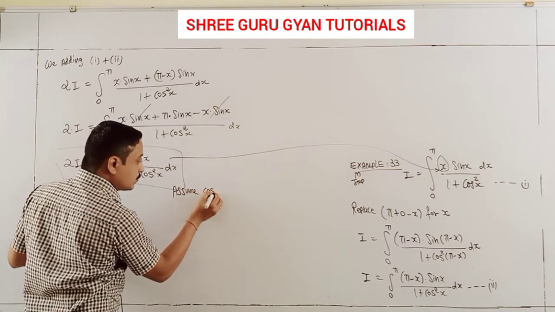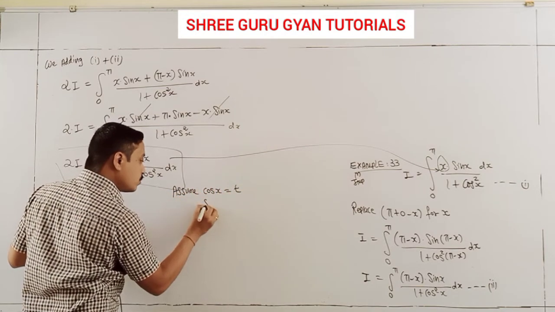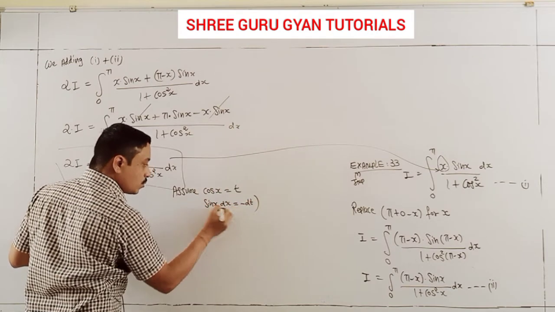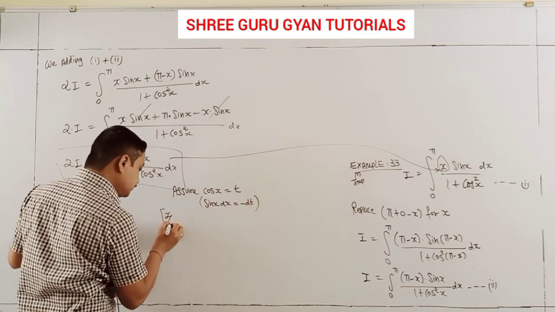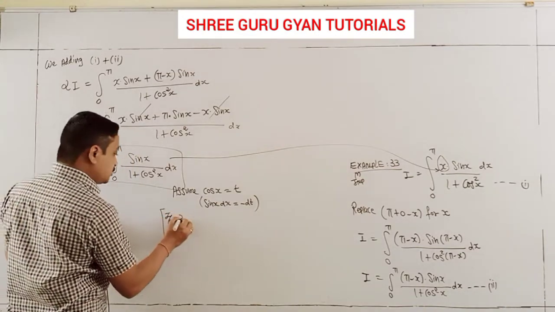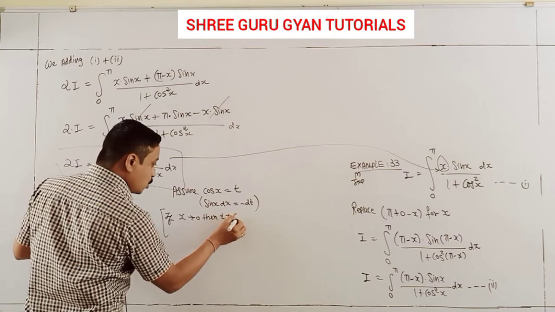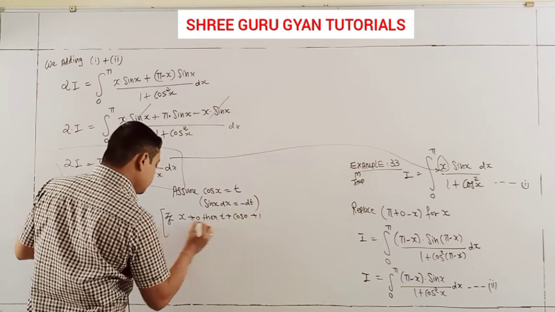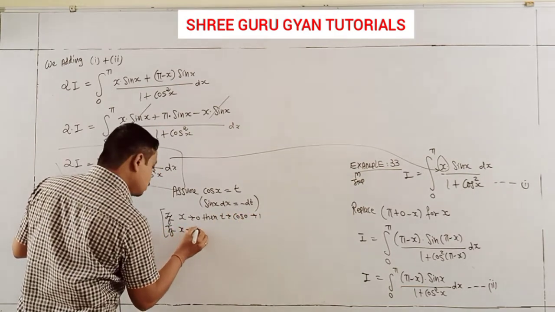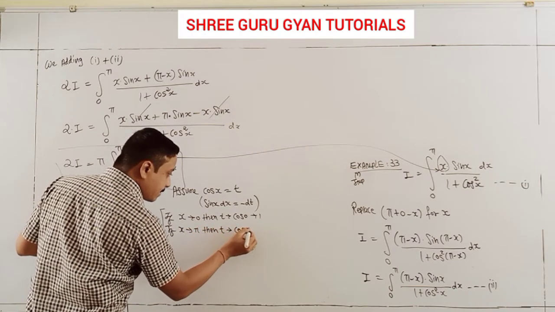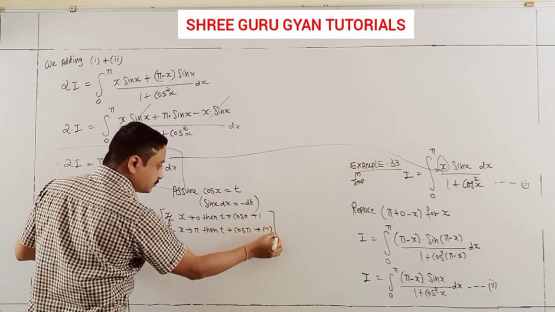Assume cos x equals t, sin x dx I write here as minus dt. Change the limits. If x tends to 0, then cos 0 is 1. If x tends to pi, cos pi is minus 1.